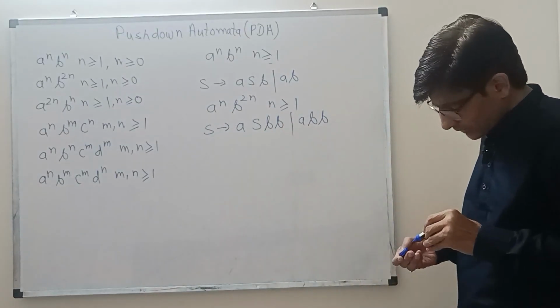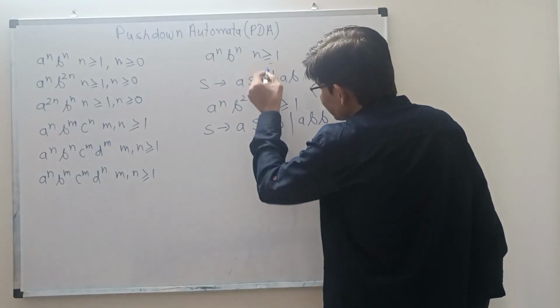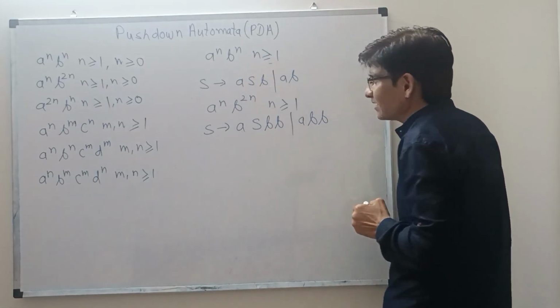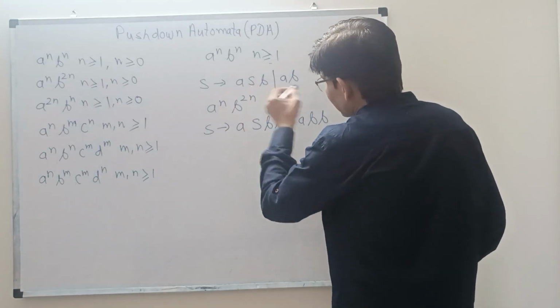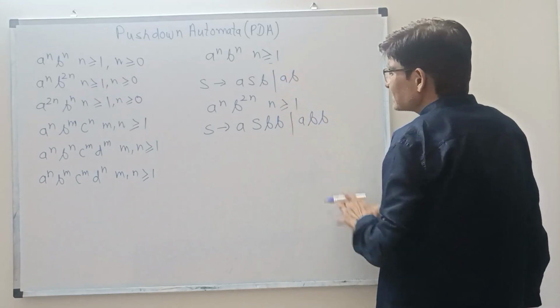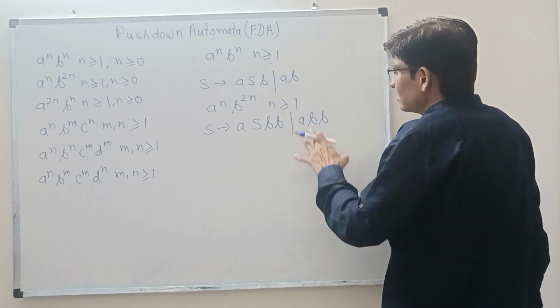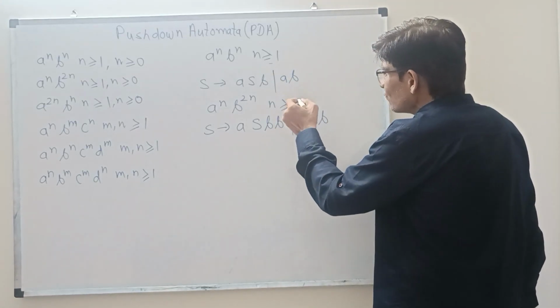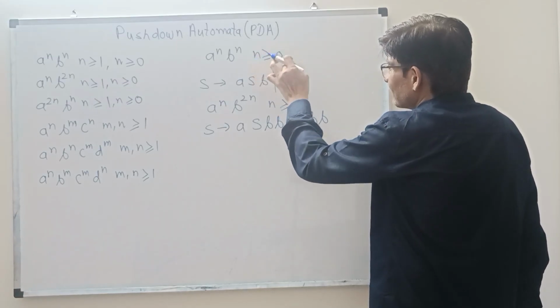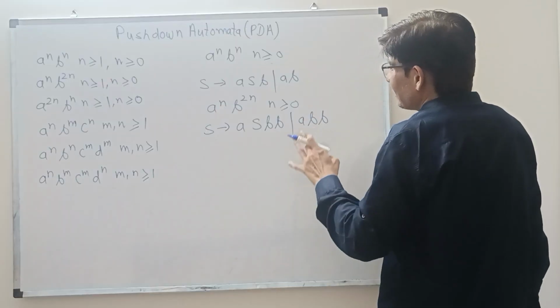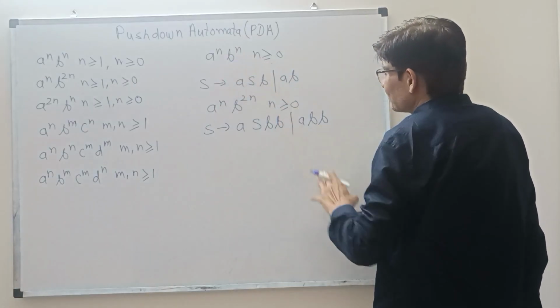And one more thing, my friend: both these grammars are not accepting epsilon. Suppose both these grammars were accepting epsilon, then in this case the value of n would be greater than or equal to 0. If the value of n is 0, then it will also accept epsilon.